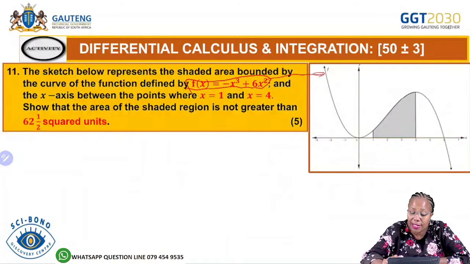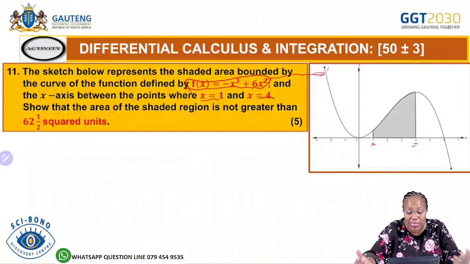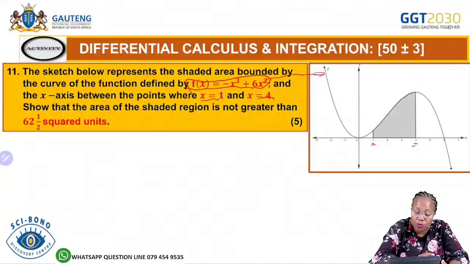And then the area is the shaded area there, as you can see, between x equal to 1 and x equal to 4 there. That is the area within those boundaries. They say show that the area of the shaded region is not greater than 62. That means basically you need to calculate the area of that particular boundary.